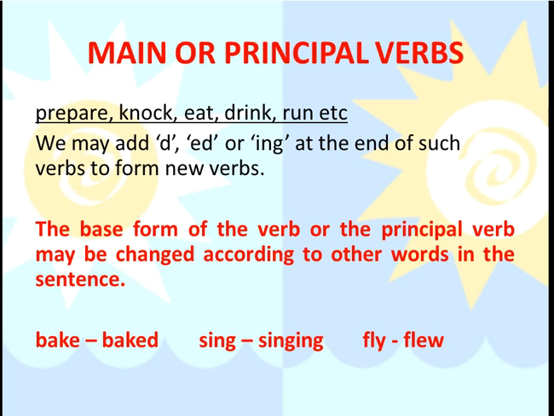The base form of the verb or the principal verb may be changed according to other words in the sentence. For example, bake, baked, sing, singing. Sometimes we change the base form of the verbs also. For example, fly, flew, grow, grown, etc.